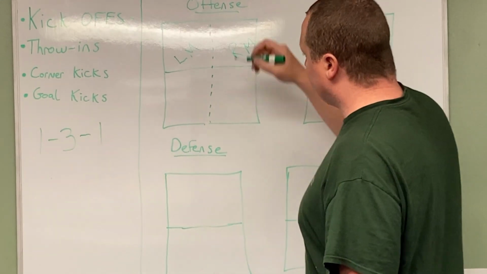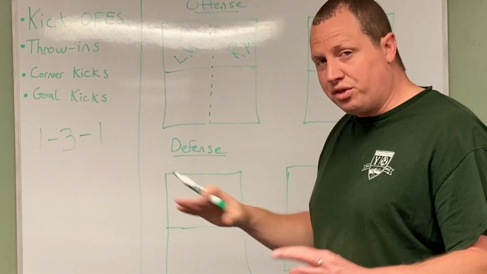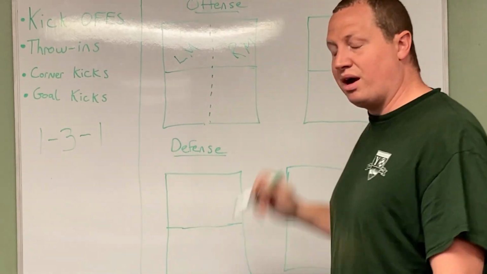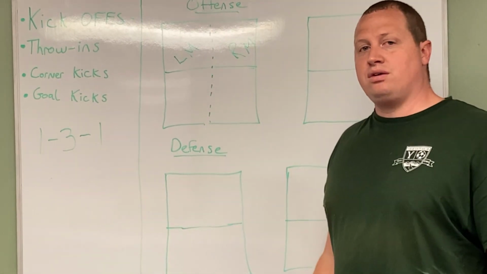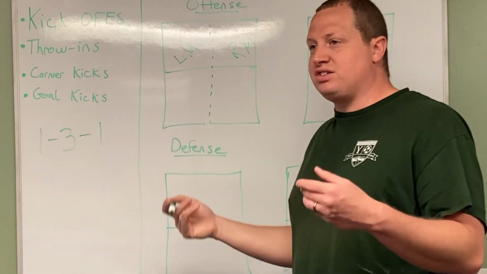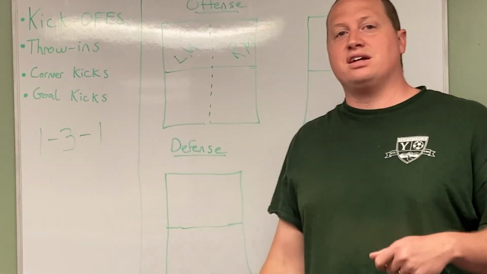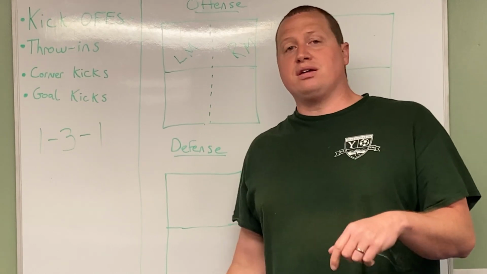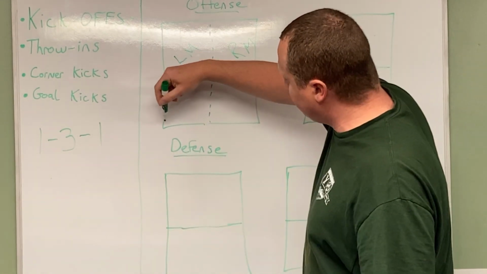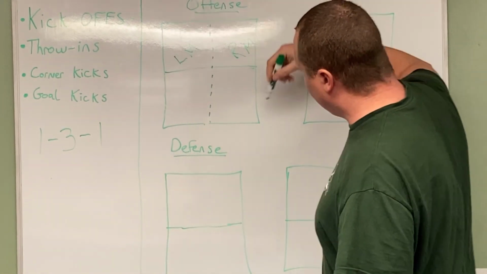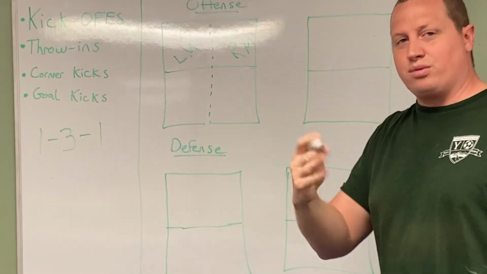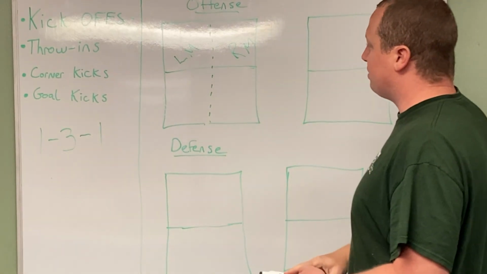So I want all the throw-ins to be either the left mid or the right mid. Nobody else. So that's easy to remember. It's not where I have to yell to the kids, so-and-so throw the ball in. It's just automatic. If the ball goes out of bounds on this line, left mid. If the ball goes out of bounds on this line, the right mid. Okay? So that's very simple.